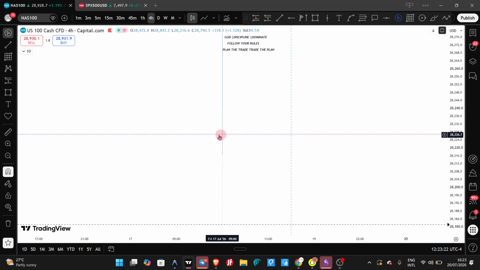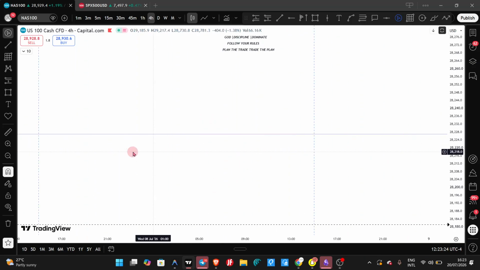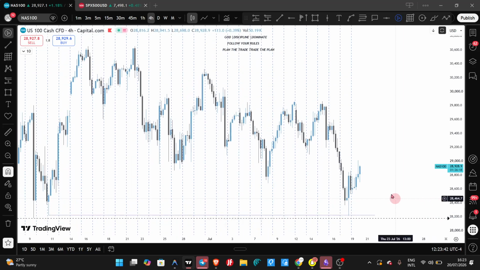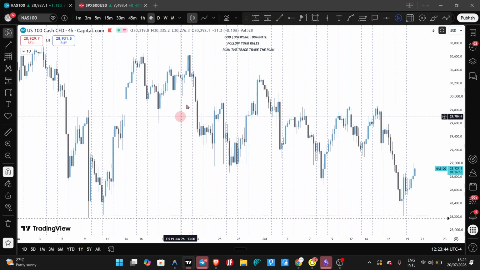So we took this liquidity, this low right here from a couple weeks ago. I'm trying to zoom in to get the exact dates. Okay, so we took this low from the 10th of June 2026. So this becomes major liquidity being swept.